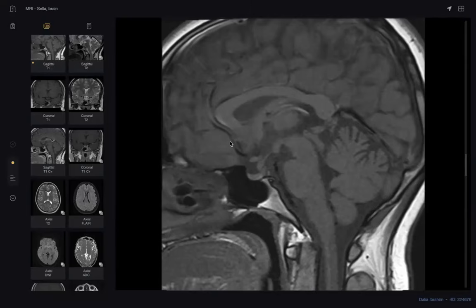I'm sorry, I cannot really connect the dots, but in T1 there are anterior and posterior pituitary. What do you expect about the posterior? This is the posterior pituitary. What happened to the posterior? It's low intensity compared to what it's supposed to be. Excellent. What is the name of this sign?